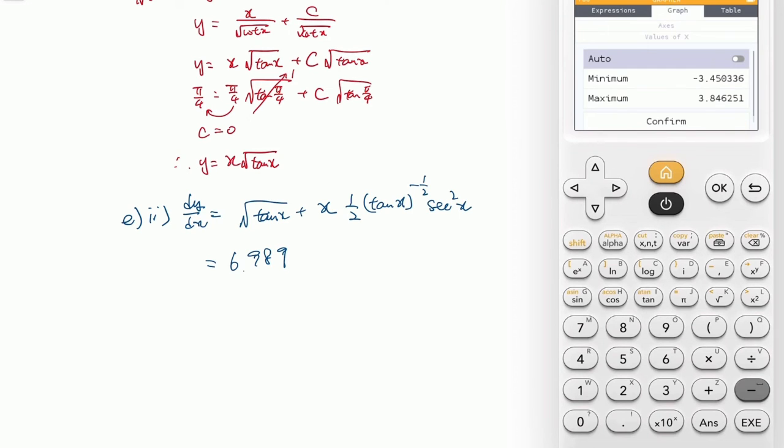And we kind of want to know what happens when x is around pi over 4 to 5 pi over 12.